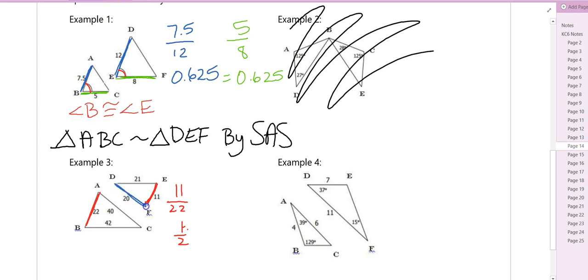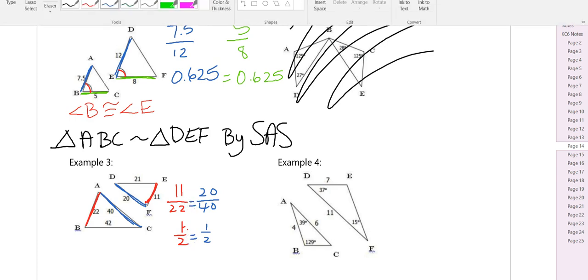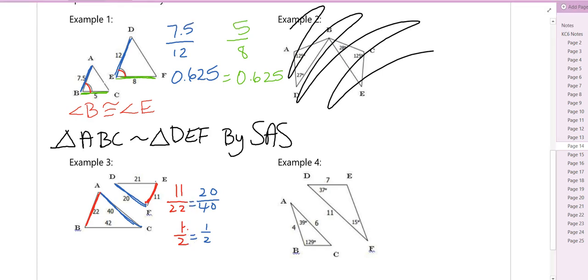That's going to be 20 over my middle side over here, which is 40. And that also simplifies to 1/2. So far those are equal. And then my last side, my big side, is 21 over 42. If you simplify 21 over 42, that is also 1/2. So yes, all three sides are in fact equal.